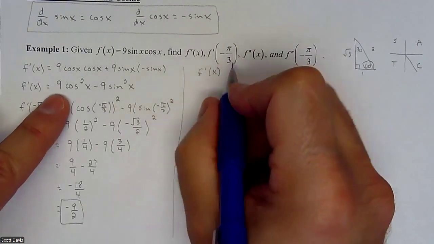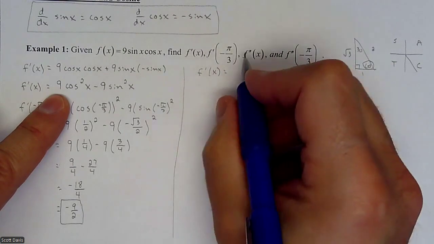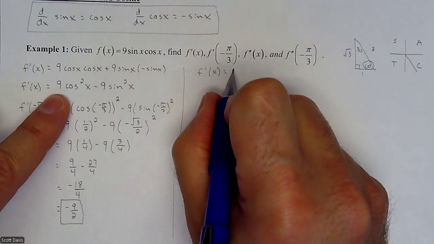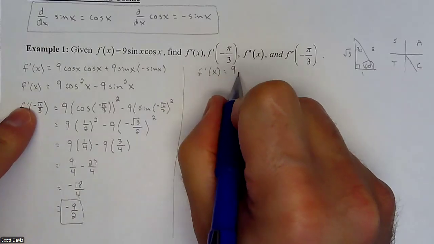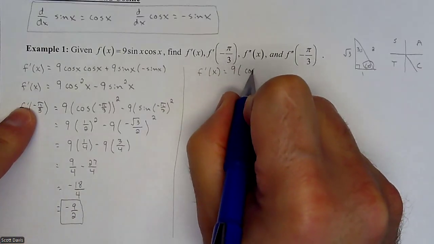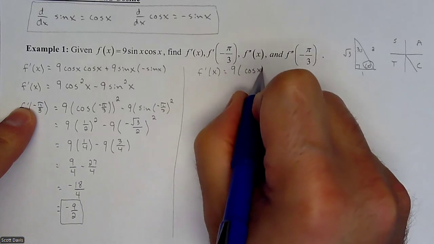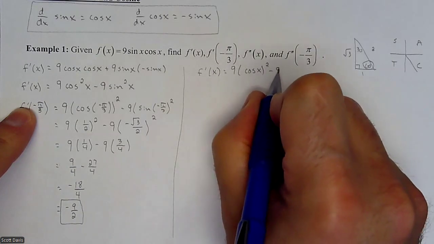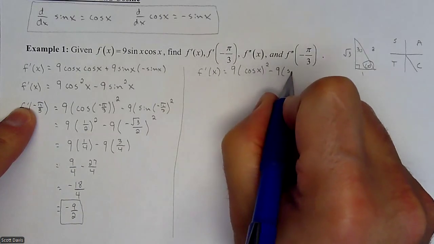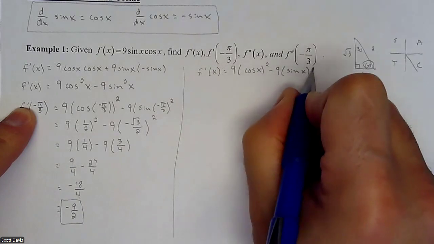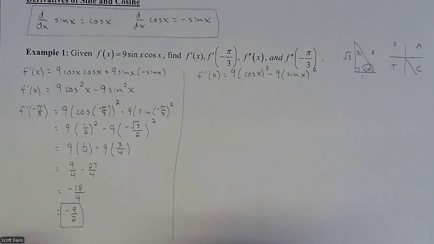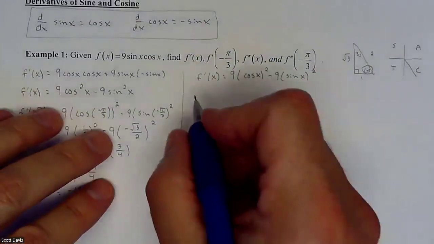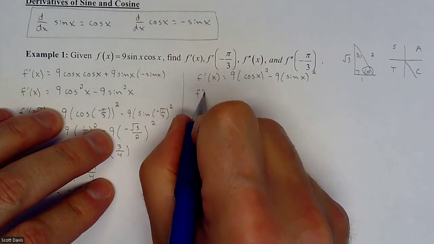I'll write this as 9 cosine x squared minus 9 sine x squared. That makes it more derivative friendly.